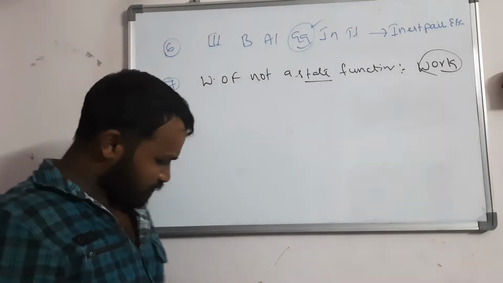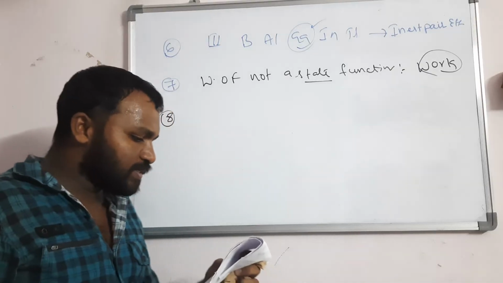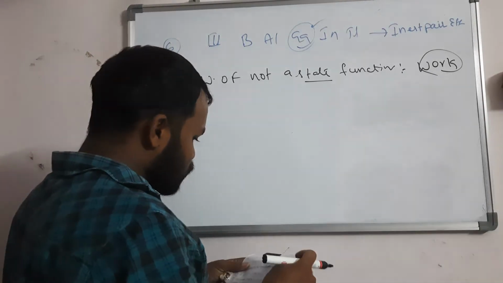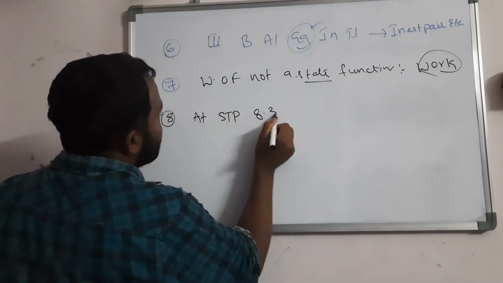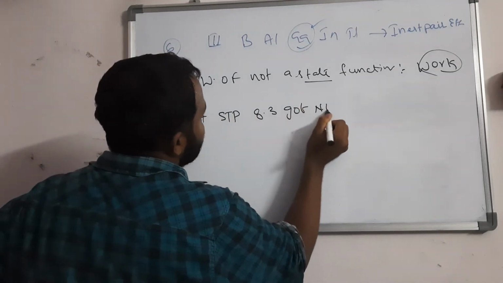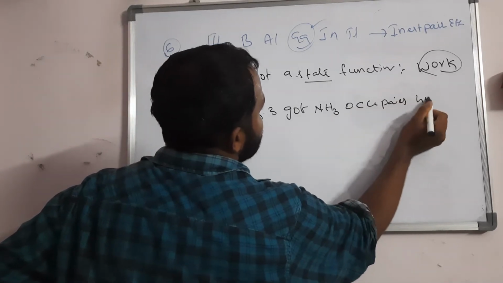Question number 8. At STP, 8.3 grams of NH3 occupies how much volume, how many liters?